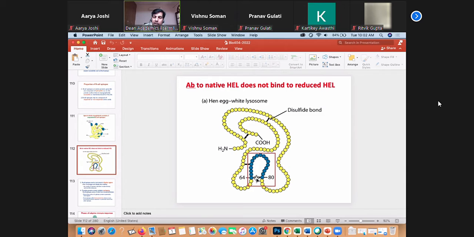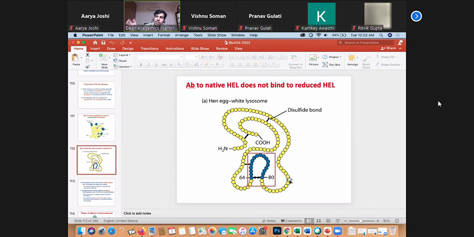Right? If you, for example, treat it with DTT, dithiothreitol, or 2-mercaptoethanol, 2-ME, these are reducing agents. So they will break these disulfide bonds, and once those disulfide bonds are broken, the antibody does not bind to this protein.